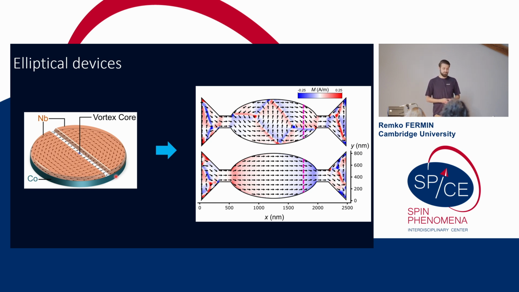The idea is then we would make a Josephson junction on the side of the ellipse, and so either we have this ferromagnetic vortex stable nearby the junction, or we don't. So we should see a difference in critical current on the basis of the magnetic state.